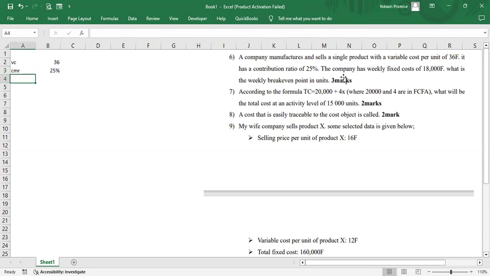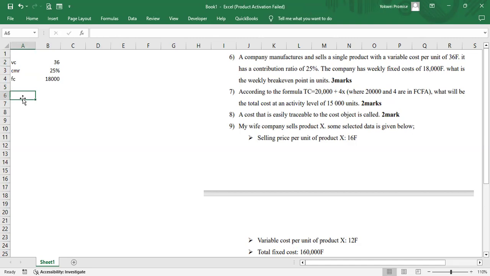And then the next thing given is the fixed cost, which is 18,000 for the week.